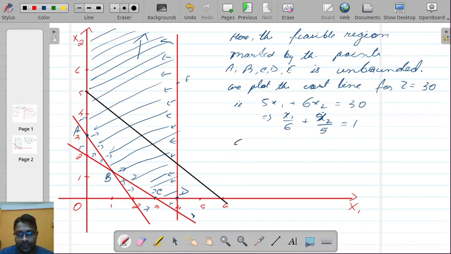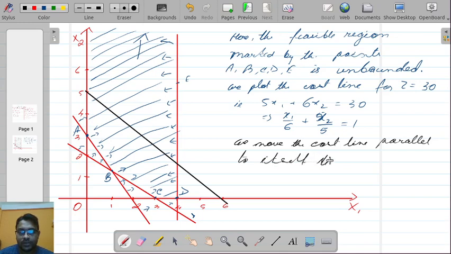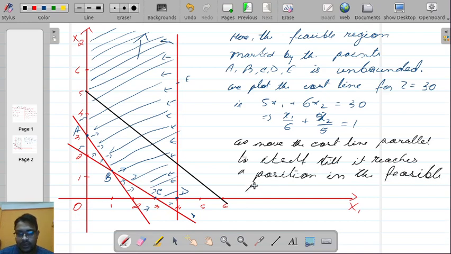So we move the cost line parallel to itself till it reaches a position in the feasible region where it is nearest to the origin, because it's a minimization problem.